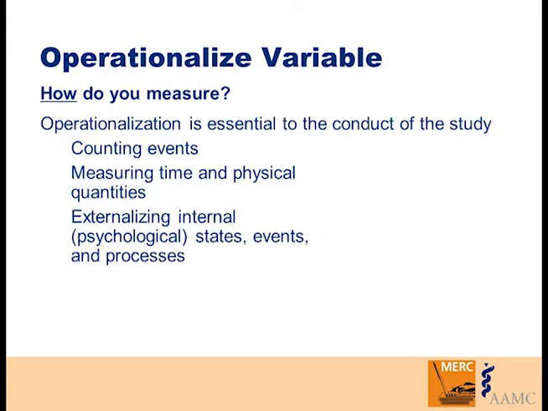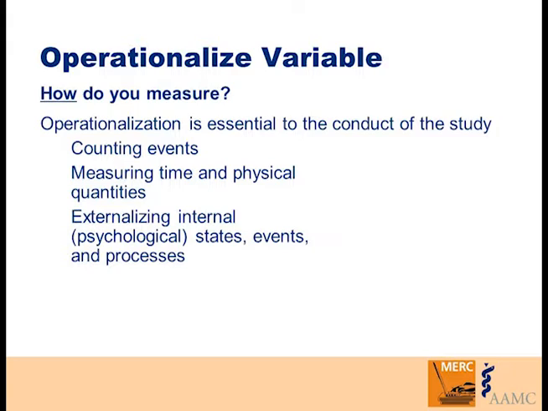Measurement means operationalizing the underlying dimension or construct about which you are concerned into some form of observable behaviors or events. Specific measurement decisions and choices frequently fall into one of three categories. You can count events, such as website hits or correct answers to test questions. You can measure physical quantities, such as time spent in an activity, like sleeping or using an online module.